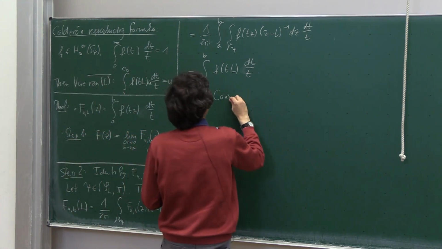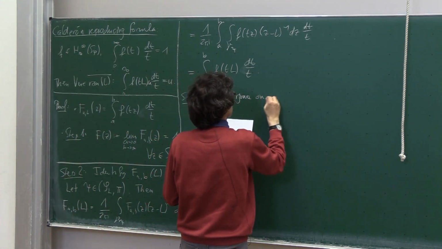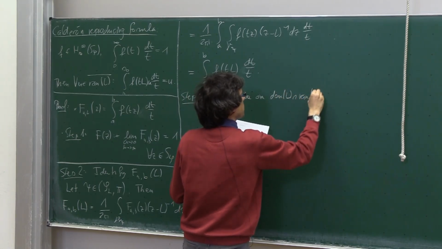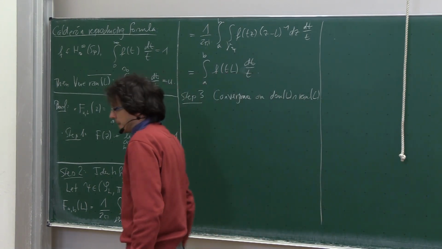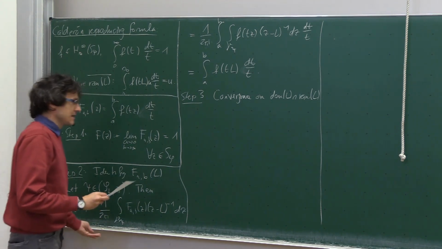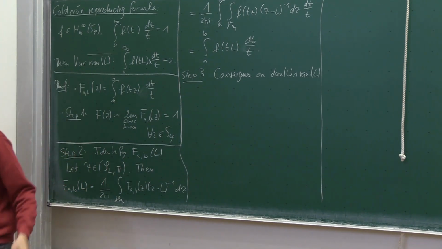So the first thing we will do is convergence on the domain of L intersected with the range of L. This is clearly contained in the closure of the range of L. But it's a nicer space, and the nice thing in this space is we can now apply L to our u.